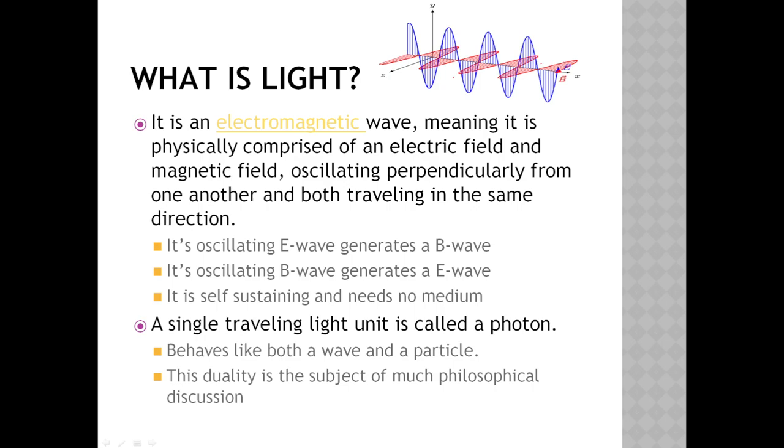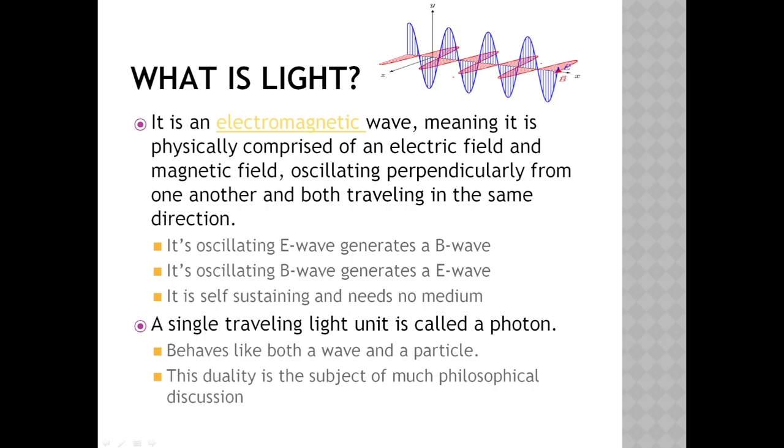I'm hoping that the picture and my hand waving can demonstrate this. Again, light is weird, to the point where we still don't understand a lot about it. This is the best representation of what light physically is that we currently have.